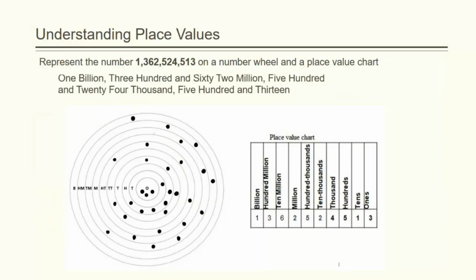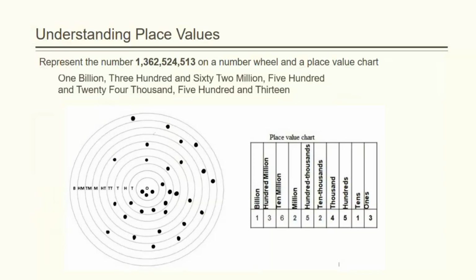As you can see, the extreme right of the number is represented by 3. That means 3 ones. And if you look at the place value chart, you can see that the 3 is written in the ones column. Now, if you look at the number wheel, you will also see 3 dots in the middle.